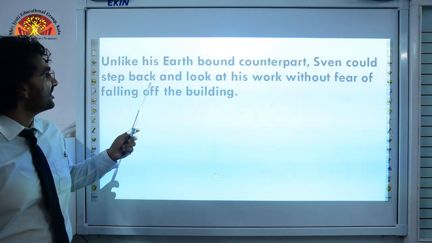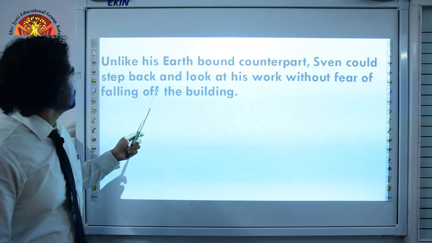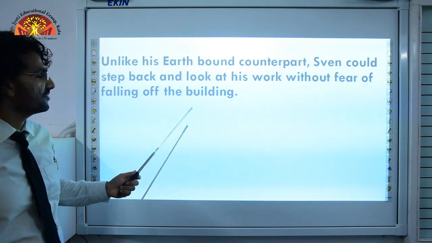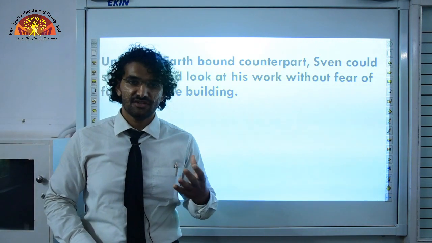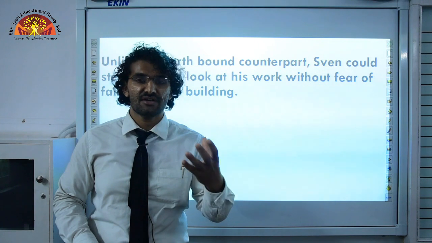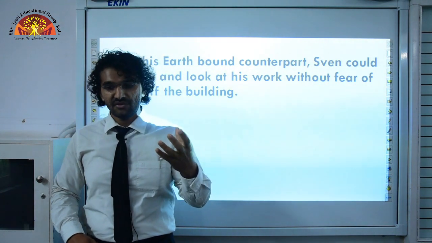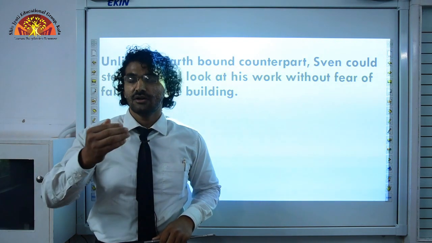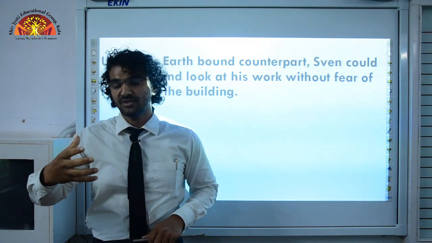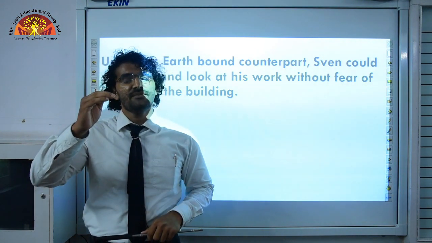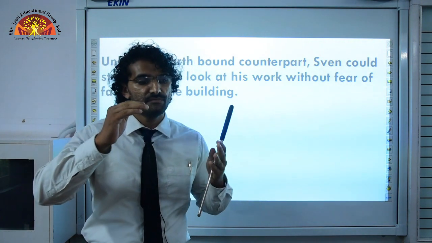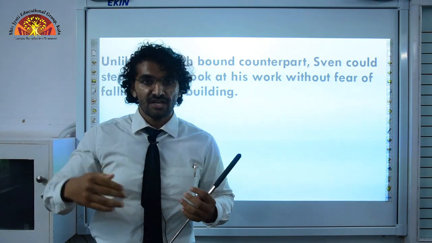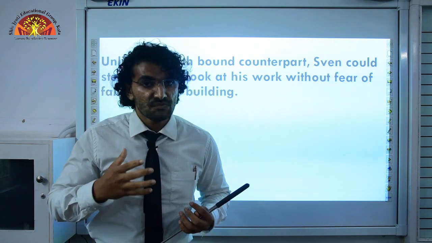Unlike his earthbound counterpart, Sven could step back and look at his work without fear of falling off the building. When construction workers are working on earth, it's always a great risk and danger for them that they might fall down from the building. They often work to build very huge and tall buildings at a great height, and when they look down from there, it looks very scary.